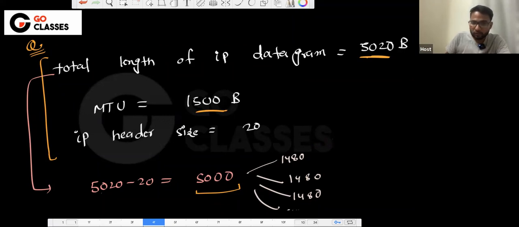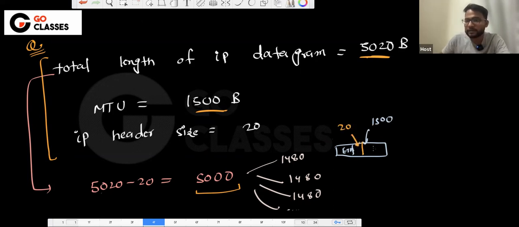So what will the actual frame contain? The Ethernet frame can carry 1500 bytes of data, from which 20 bytes are the IP header, and the remaining 1480 is the first fragment. That's how you need to calculate it.